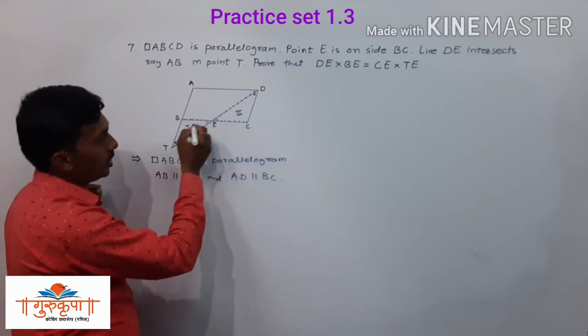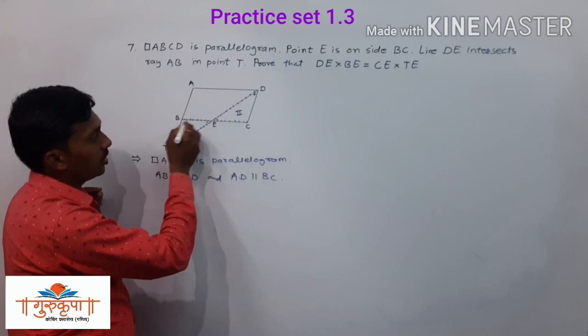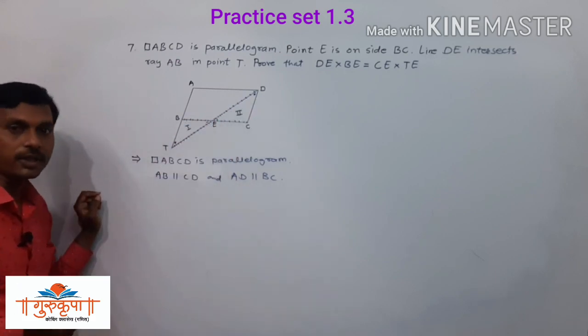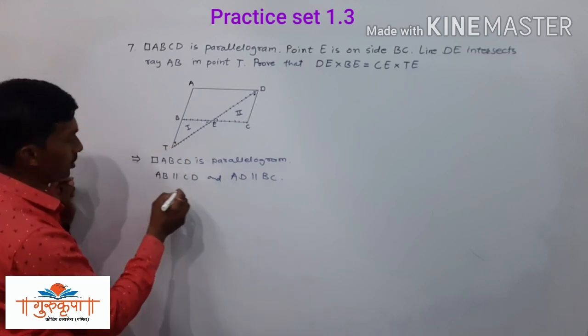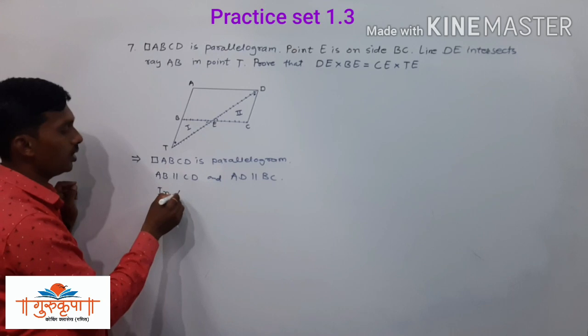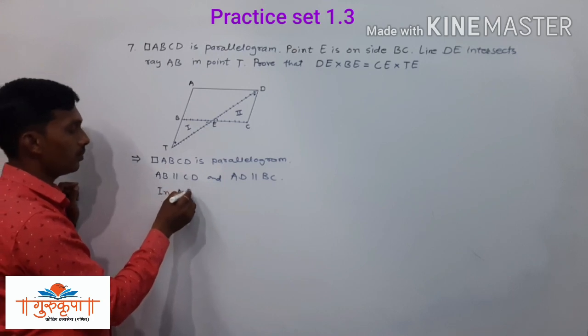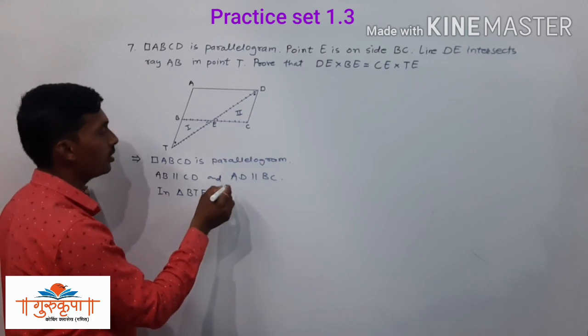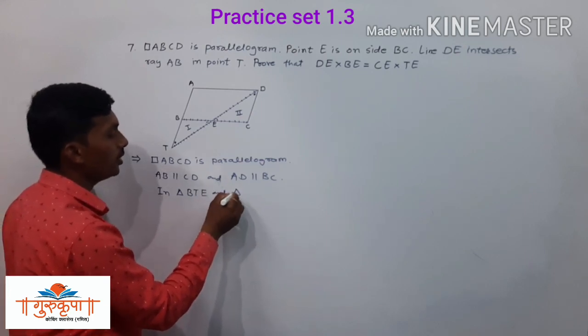Now we will write the names of these two triangles, that is triangle BTE and triangle CDE. So here we will write in triangle BTE and triangle CDE.